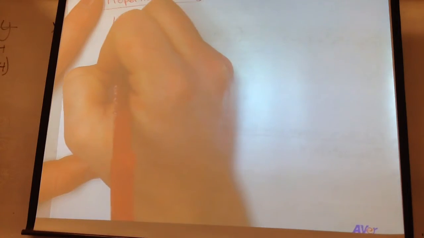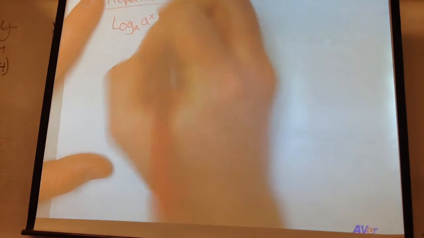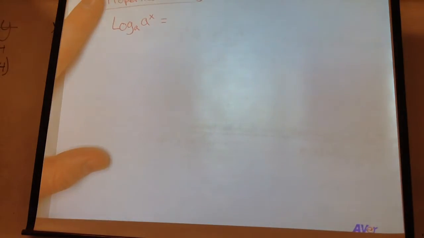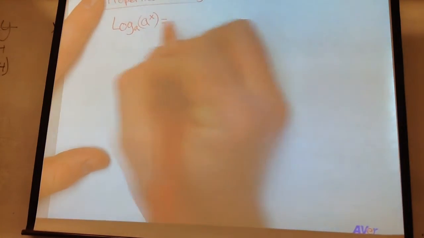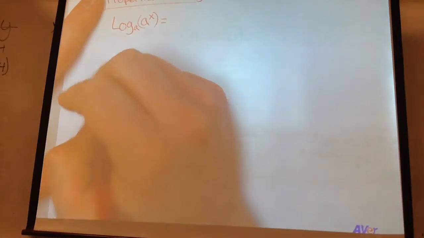Here's some properties of logs, though. These are not fun. Log base A of A to the x equals. See if you can fill in the blank. Think about it. X. We can put parentheses around that to make it easier. This is like saying A to what power gives me A to the x.